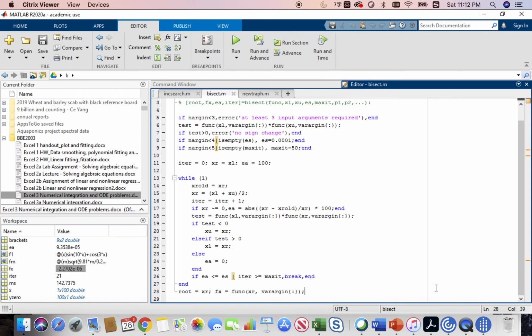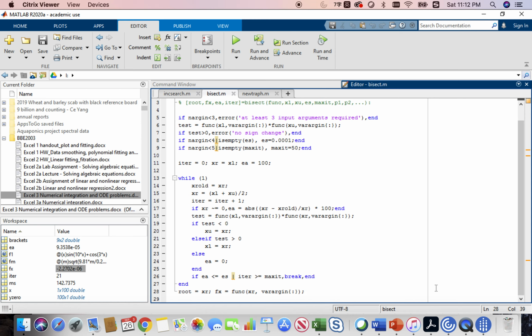Else, if the test is bigger than 0, that means there's no root between xl and xr. In this case, we will give the lower bound xl the new root position, which is xr, in this case the middle point.